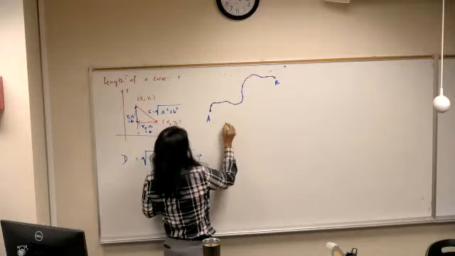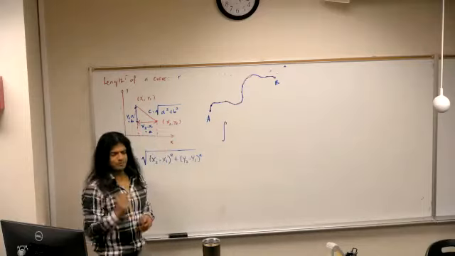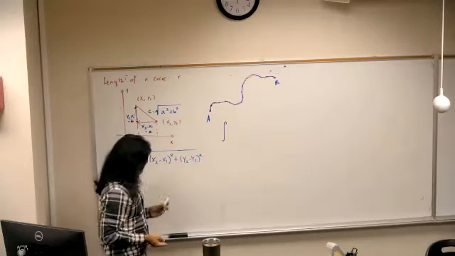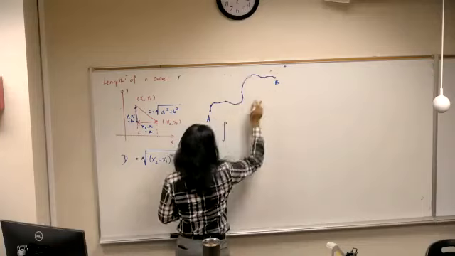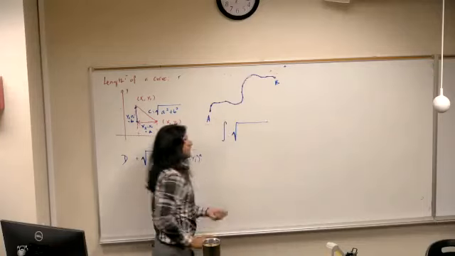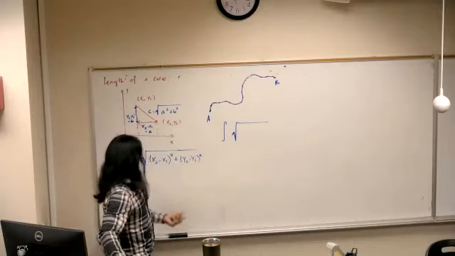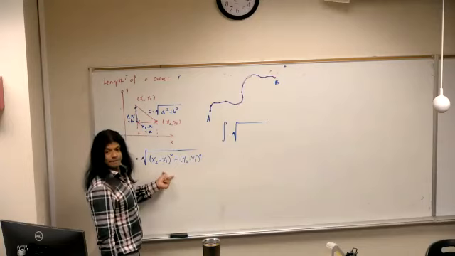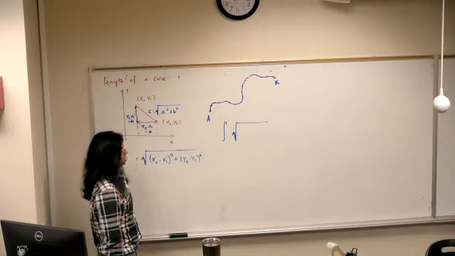Same logic, I need an integral. Integral of every single length that I can think of between A and B, infinitely many. But each distance is given by that formula. Agreed?